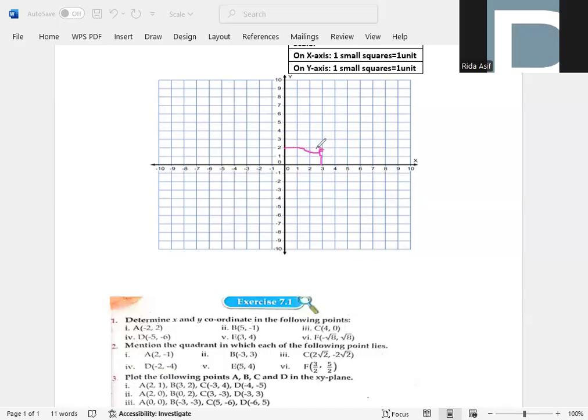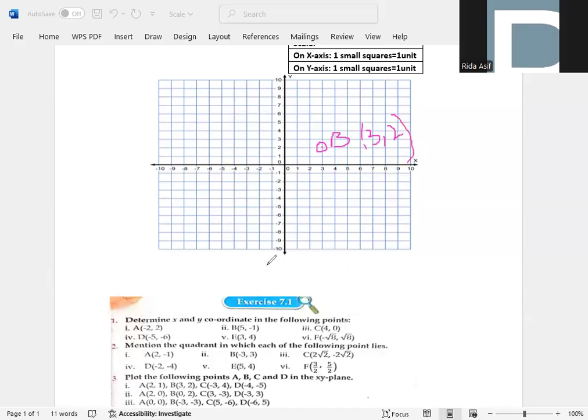Now, at the intersecting point of these two, our x-axis represents 3 and the y-axis represents 2. So this is our point B, (3, 2).